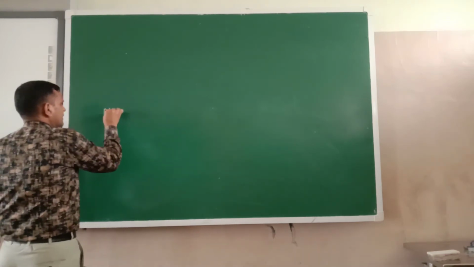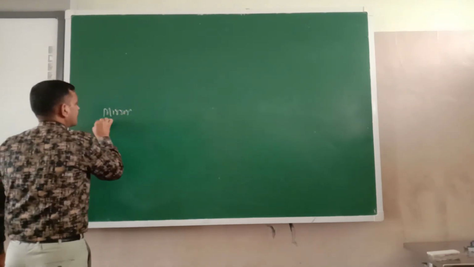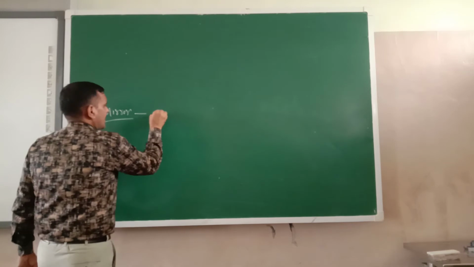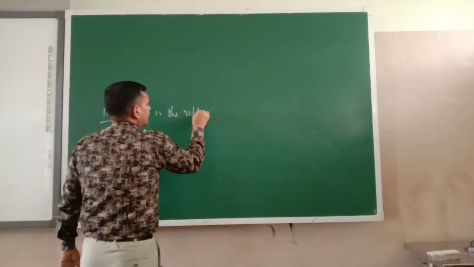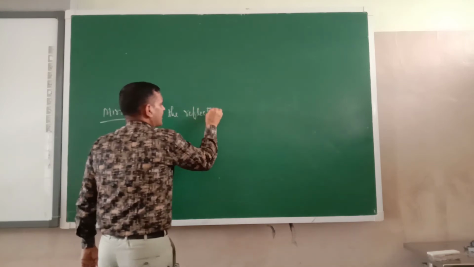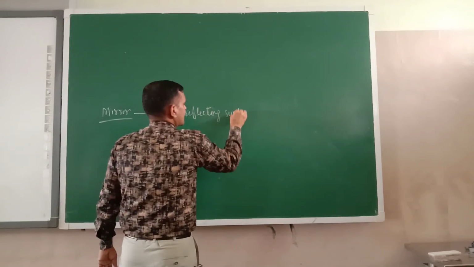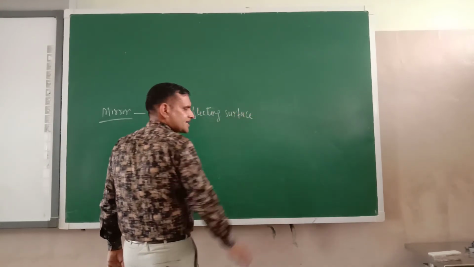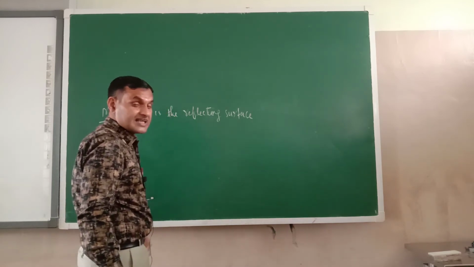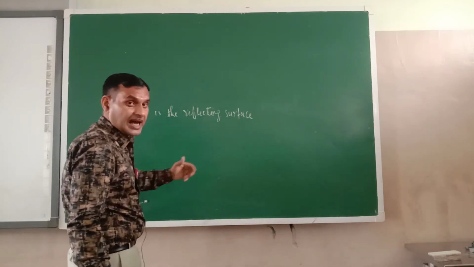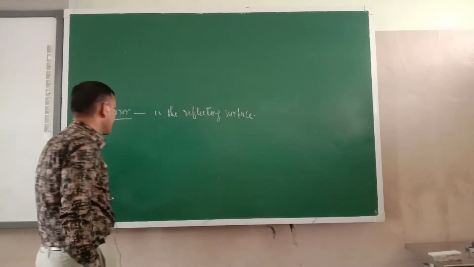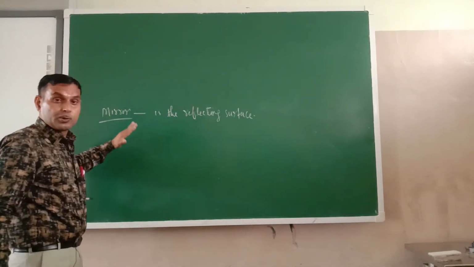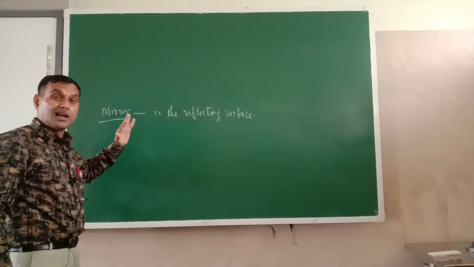Mirror is the reflecting surface. It means the surface of the mirror is able to change the direction of the incident ray or incident light. Mirror is able to change the direction of light.